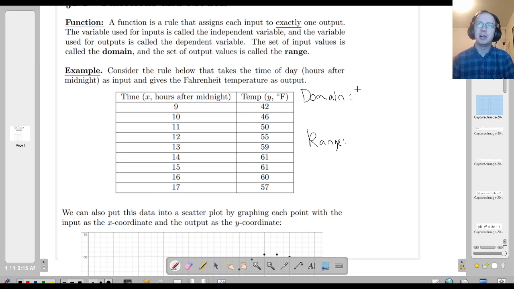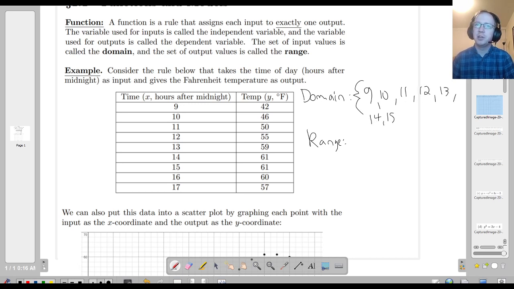Okay, so there's nothing fancy going on here. It's not all the numbers from 9 to 17, it's just these specific numbers, 9, 10, 11, 12. Okay, so I'm just going to use set notation. This is a, sorry, didn't draw very well on this, a curly brace. Okay, so that's the way we talk about a set of numbers. And I'm just going to write all these numbers that show up.